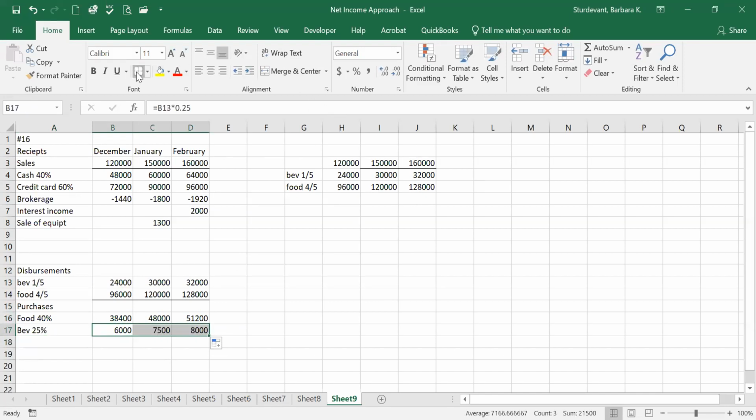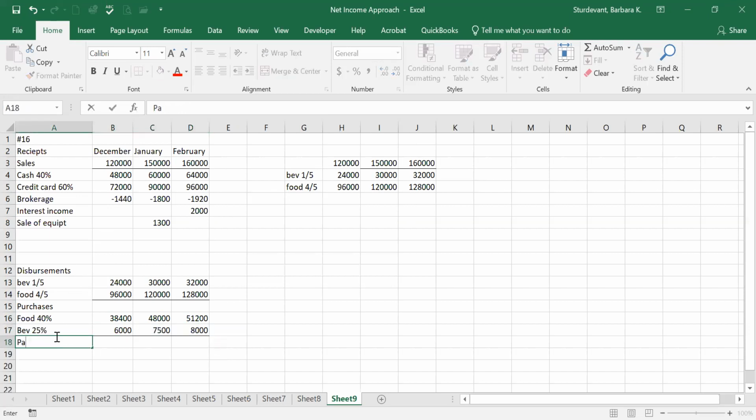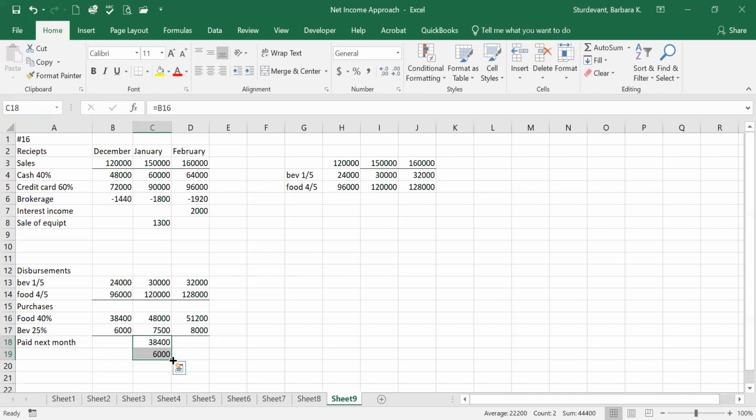I'm going to draw a line under those again. And so purchases are paid the next month. Okay. And so in January, we would be paying for that. And we would be paying for that. Okay, so it's a long roundabout way to get to your purchases.